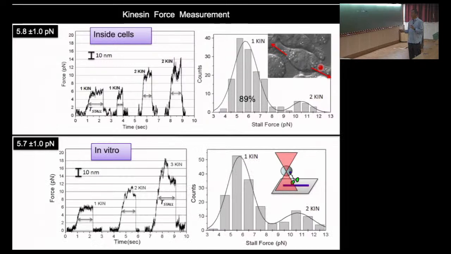We could also purify these phagosomes from these cells and look at their transport in vitro, and we see pretty much the same thing. So remember, the first measurements were done inside cells. Here, we have pulled out the phagosome, put it on a cover slip and done it in vitro. Now the surprise, so this was kind of expected.